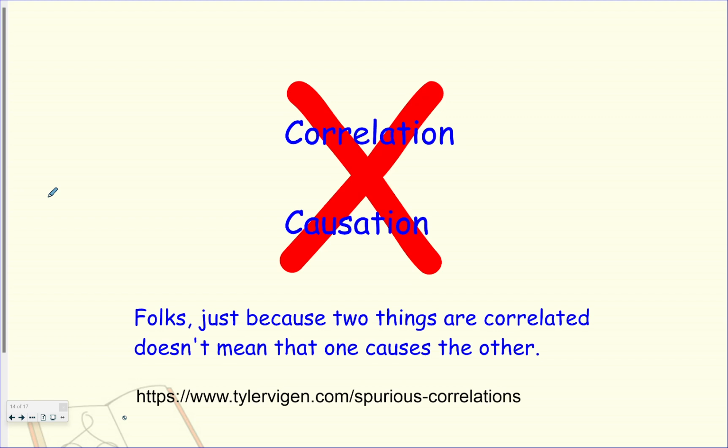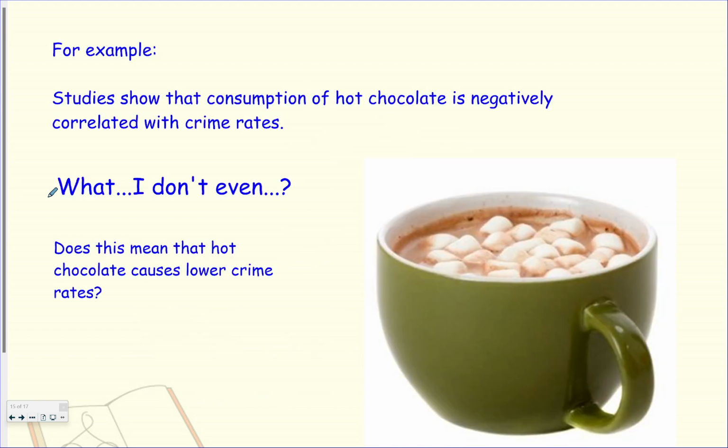But those two don't simply cause each other. Here's a great example of that. Many studies have shown that consumption of hot chocolate is negatively correlated with crime rates. That means that as people consume hot chocolate, crime rate goes down. And studies show that. There is a strong correlation.